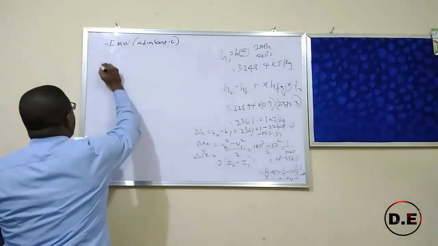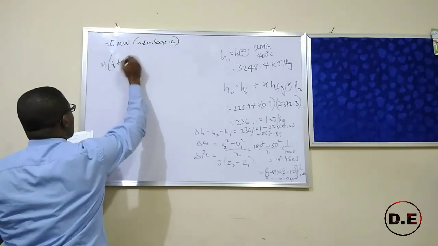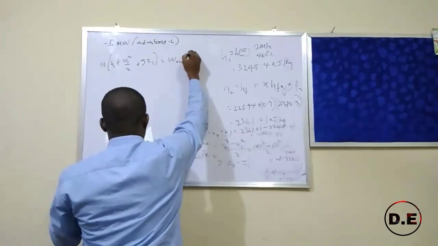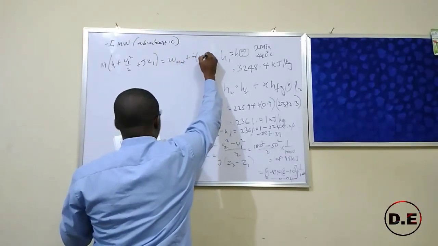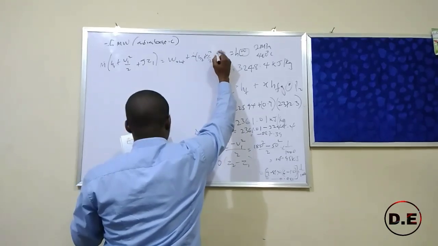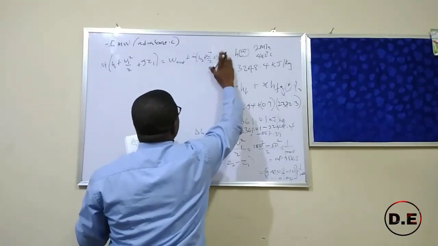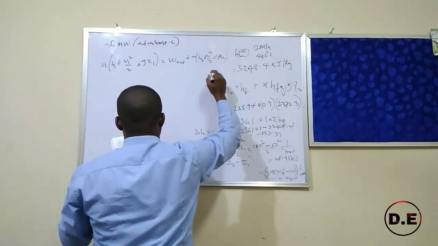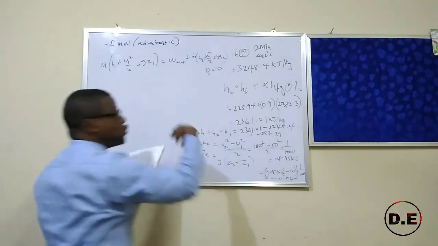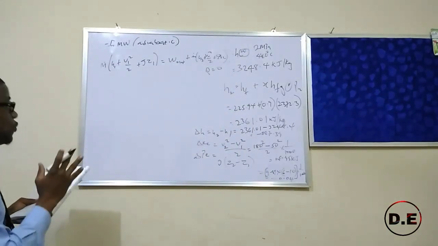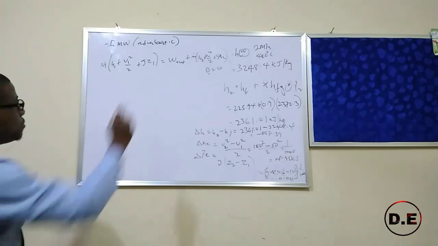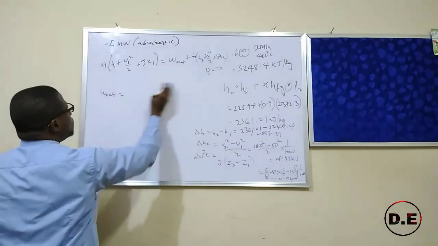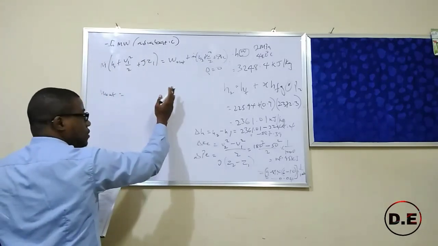We have m dot times h1 plus v1 squared over 2 plus gz1 is equal to the work out plus m dot times h2 plus v2 squared over 2 plus gz2. And remember, Q is equal to 0, so Q is not in this equation. Therefore, I can put these together and get work out equal to H1 minus H2, isn't it, right?